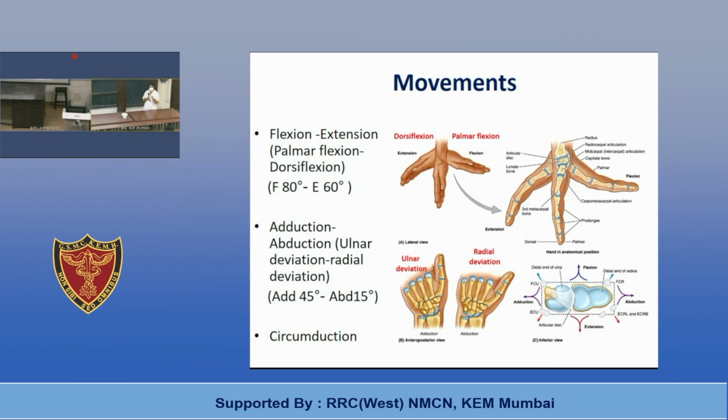But at the ankle joint, whenever you move your ankle like this, there is a decrease in angle, and similarly when you move it like this, there is again a decrease in angle. So this becomes plantar flexion and this becomes dorsiflexion. Similarly, at the wrist joint, this movement is palmar flexion and this movement is dorsiflexion. Palmar flexion is actual flexion and dorsiflexion is actual extension at the wrist joint.